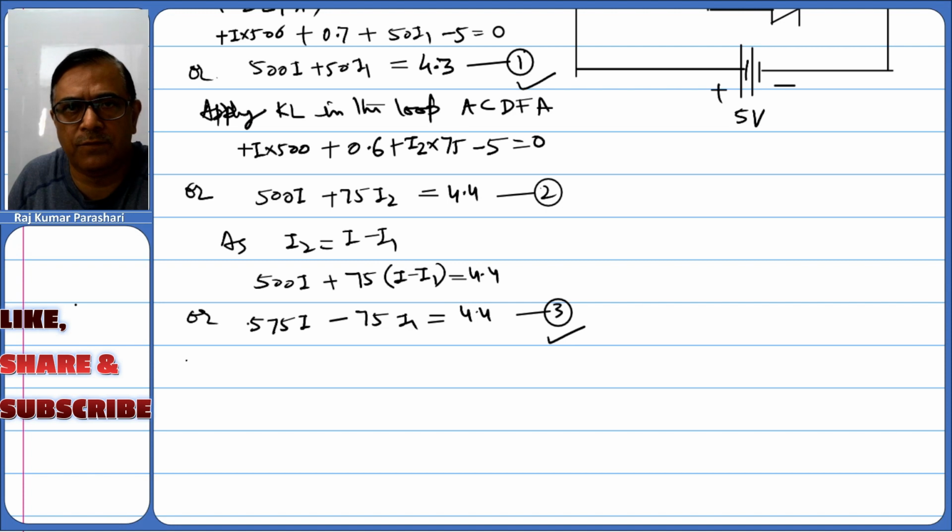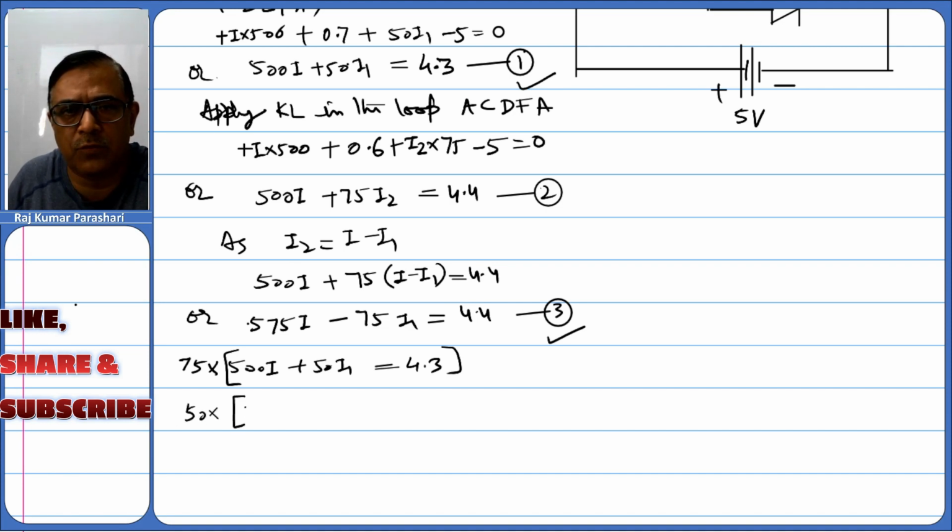This is 75 multiplied by (500I plus 50I1) equals 4.3, and then 50 multiplied by the relation 575I minus 75I1 equals 4.4. Now you add them up.